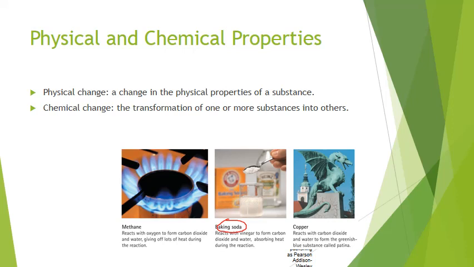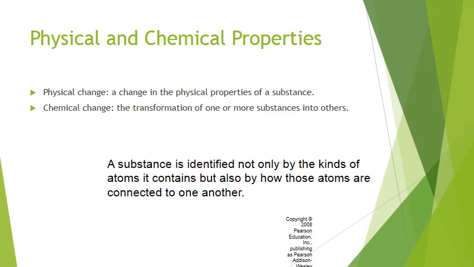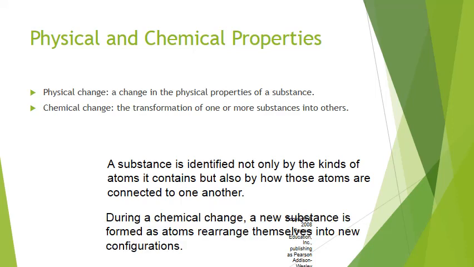So that is typically when a new substance is formed. For example, even the iron example. When iron combines with water in the presence of air, it creates iron oxide. You don't reverse that. You're left with a new substance. So during a chemical change, a new substance is formed as the atoms rearrange themselves.